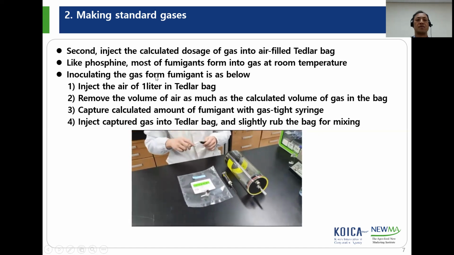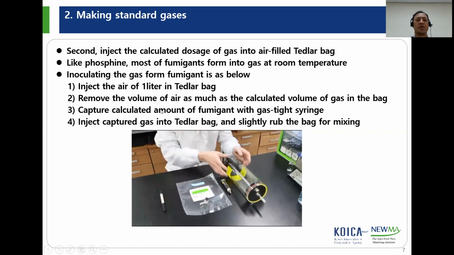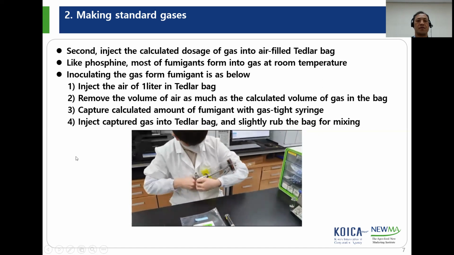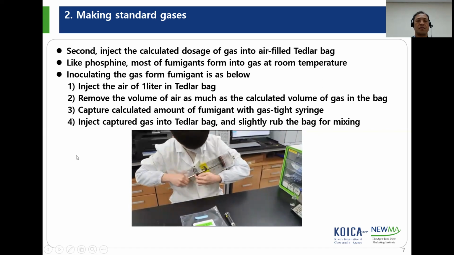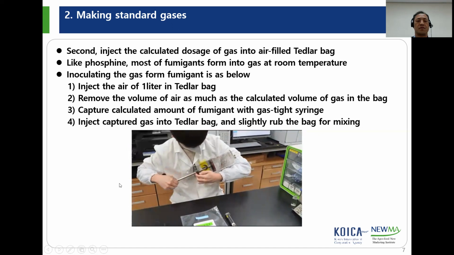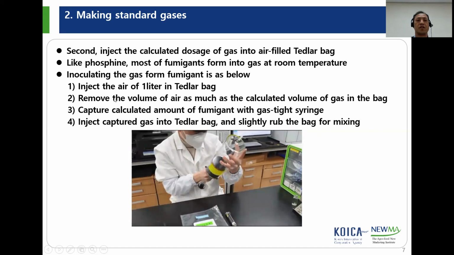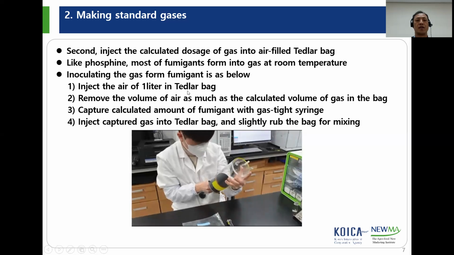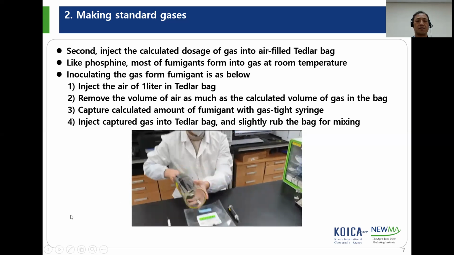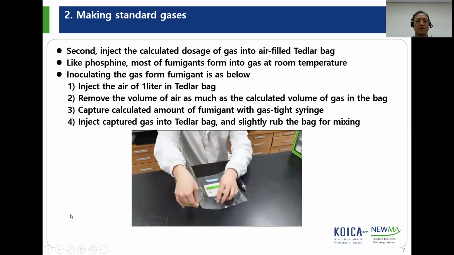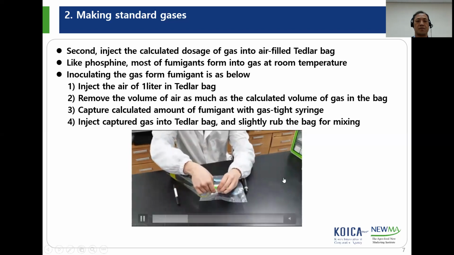Injecting the gas form fumigant is as below. Inject air of 1 liter into the tedlar bag. Like this.